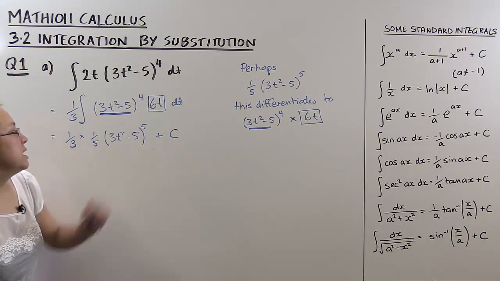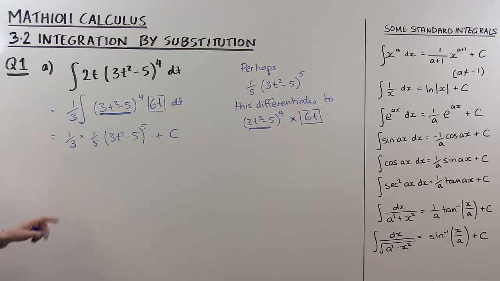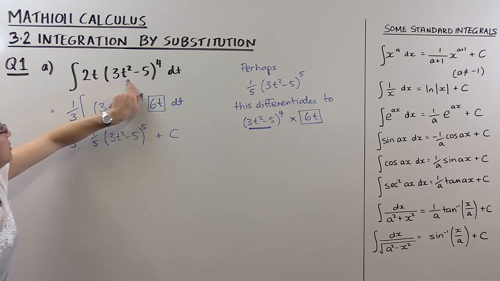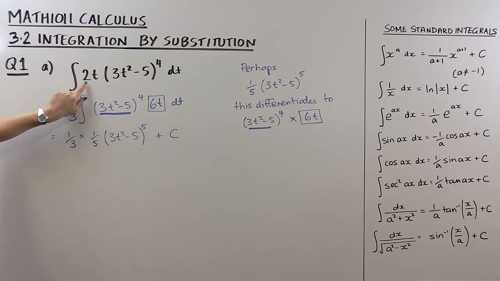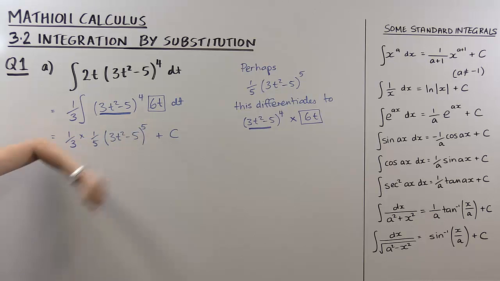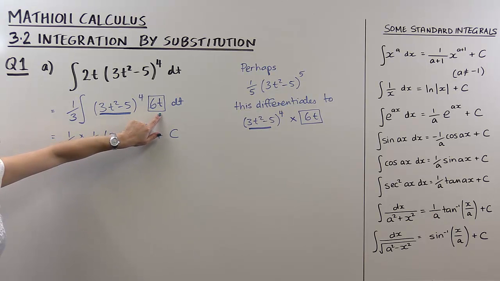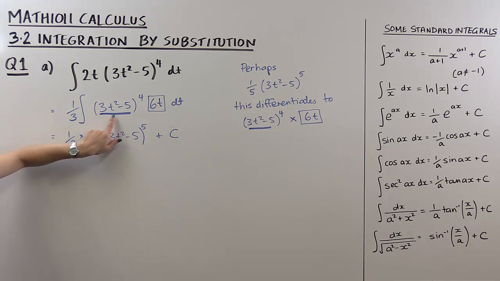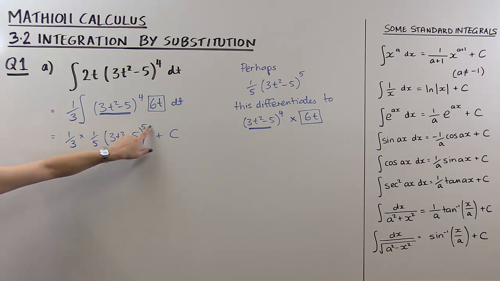So this is my answer here. Now, this is what we would call integrating by inspection. We're checking that the derivative of the inside here is sitting there. So we've got a 6t there, and then once I have that f dash, I can reverse the chain rule and I can integrate something to the 4 as 1/5 something to the 5 there.